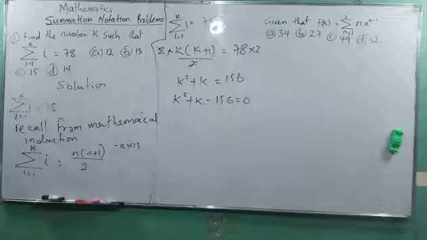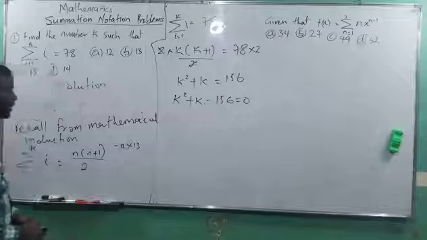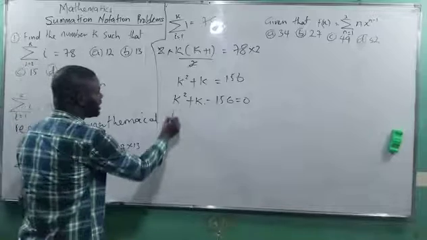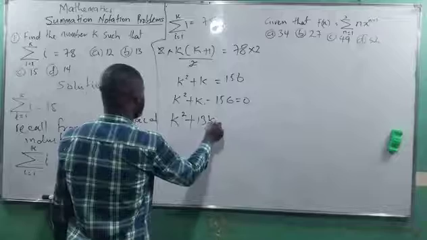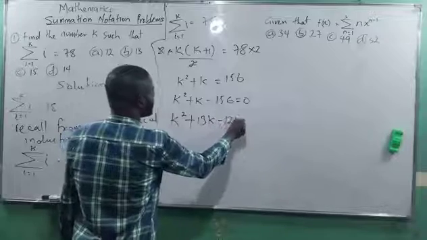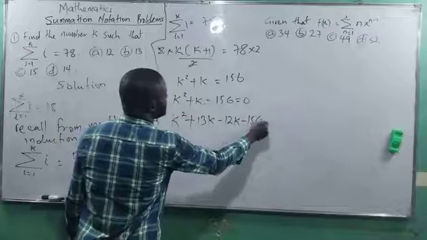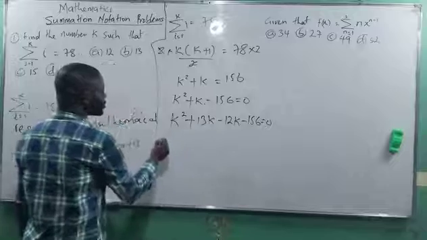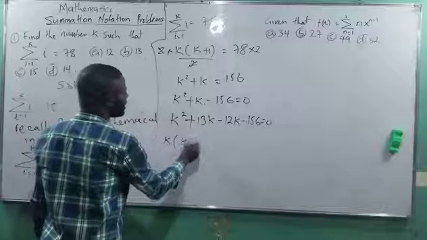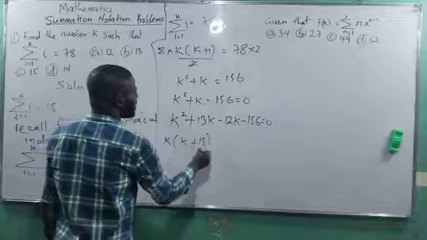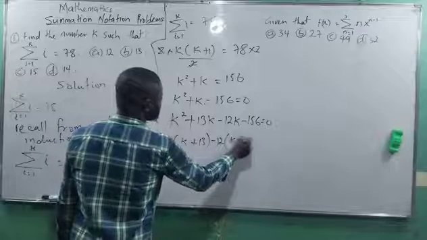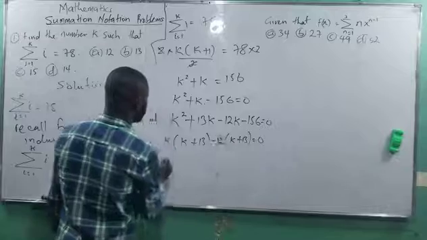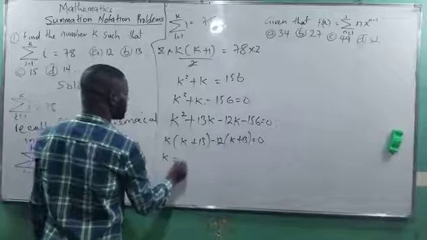Since I have that, I'll have k squared plus 13k minus 12k minus 156 equals 0. At this junction, I'll have k times (k plus 13) minus 12 times (k plus 13) equals 0.